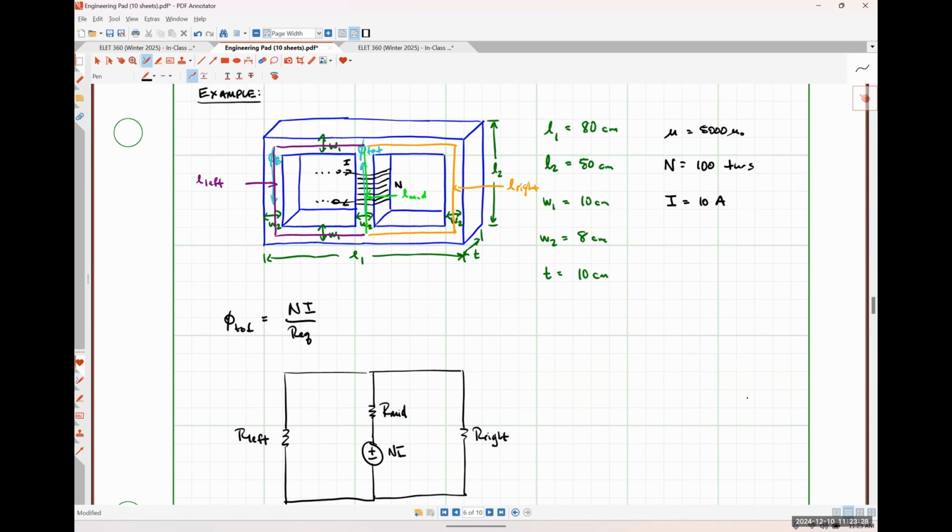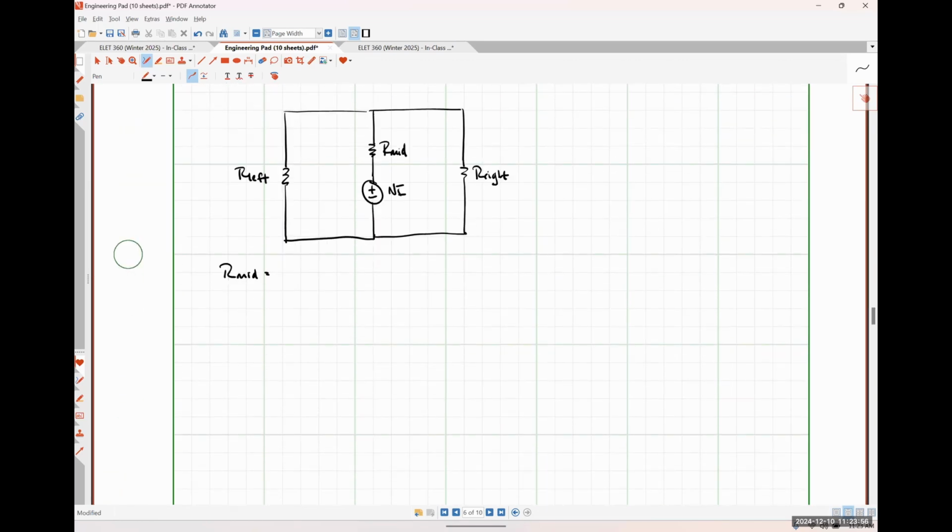L2 minus W1. Because W2 is the horizontal dimension of the vertical legs. W1 is the vertical dimension of the horizontal leg. So I think it should be L2 minus W1. So that's 50 minus 10 is 40 centimeters.